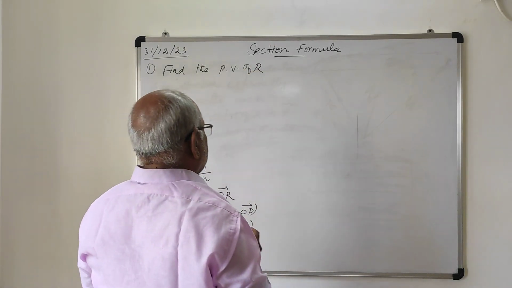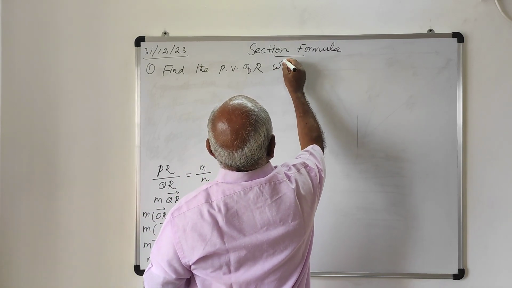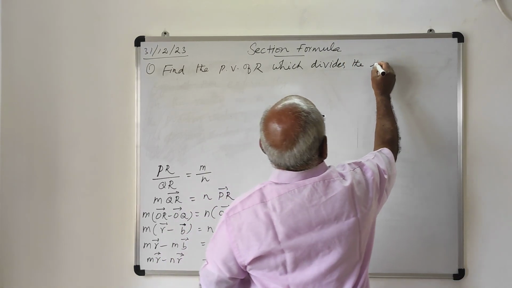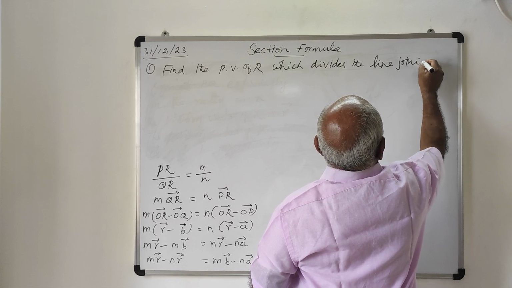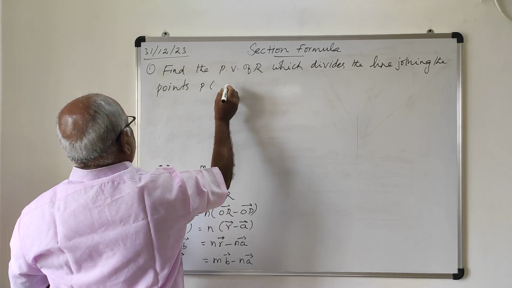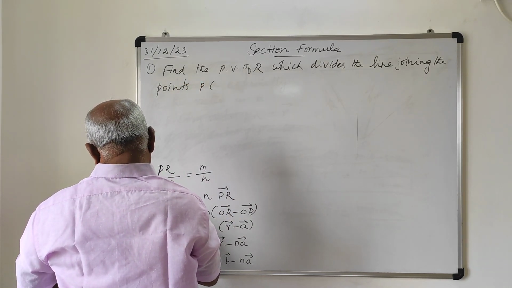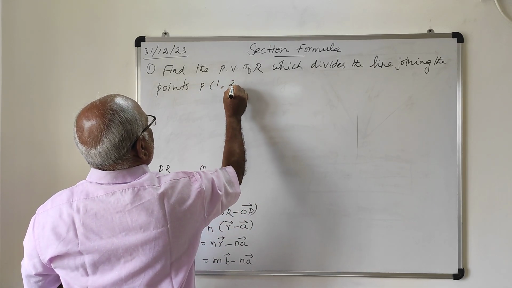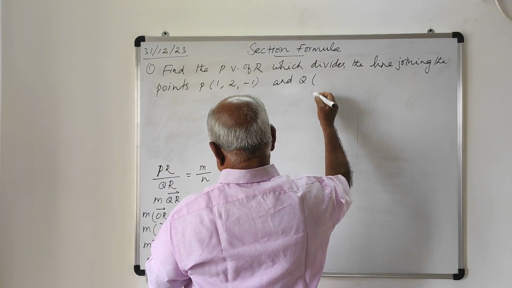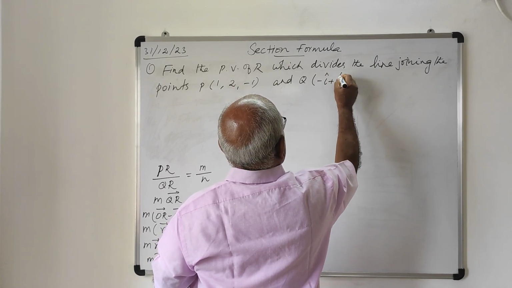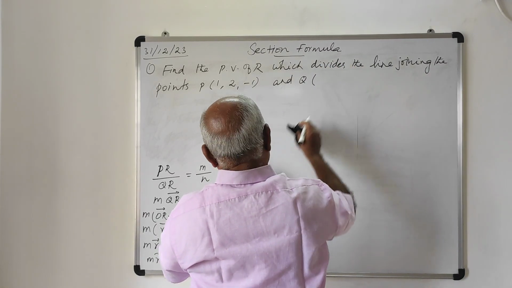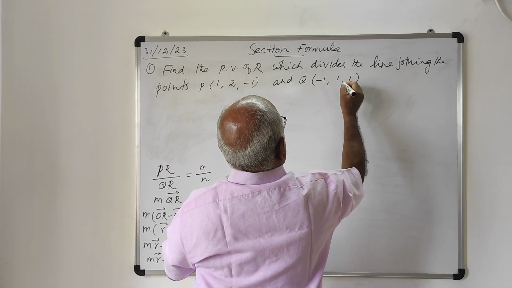Position vector of the point R, which divides the line joining the points P, 1, 2, minus 1, and Q, minus i plus j plus k, the point is minus 1, 1, 1.